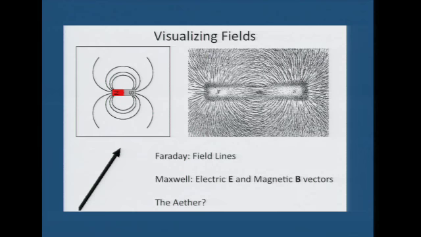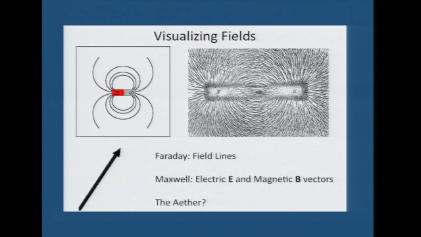Okay. So how should we picture fields? One of the first people to emphasize or recognize the importance of fields was Faraday, an experimentalist. And here's how he pictured, say, the magnetic field around a magnet. He imagined that there were these lines, field lines as he called them, that emanate from one pole of the magnet and then re-enter in the other pole.